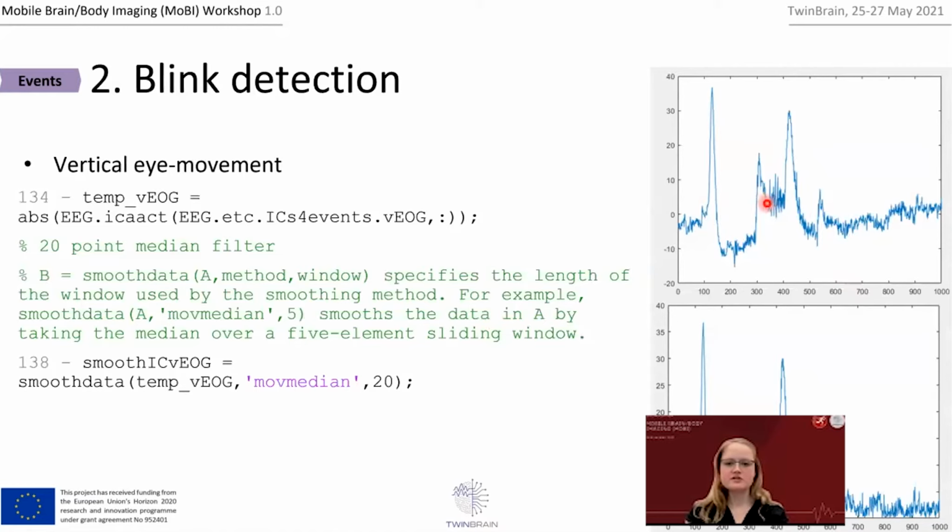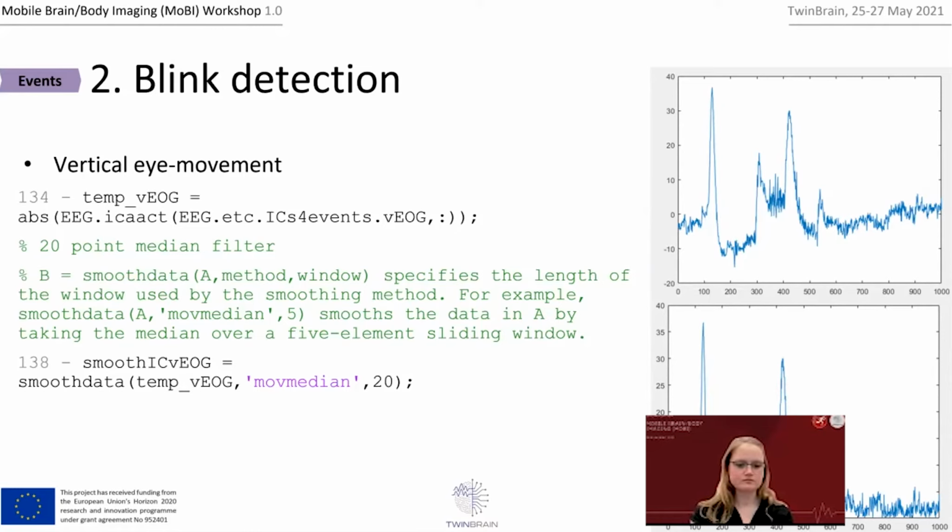And sometimes the IC solution flips around the activity. This is randomly chosen. So sometimes participants do have a flipped version of the blinks, and to have the same approach for all, you can just choose the absolute value. So you still have clear peaks that you can detect in the next step.